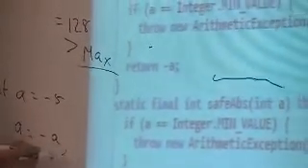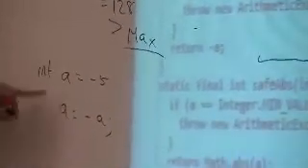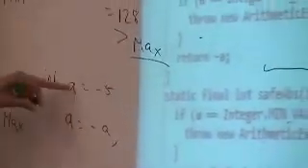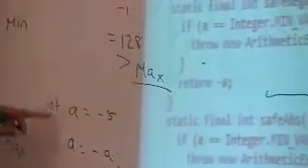Then for negate, negate means what? If you have say int a equals negative 5 and you say a equals negative a, what does it mean? You are changing the sign, right? So when could this lead to an exception, for what value of a?